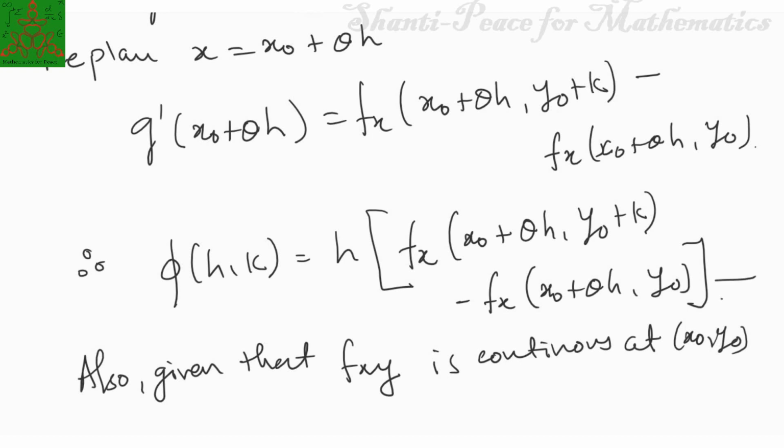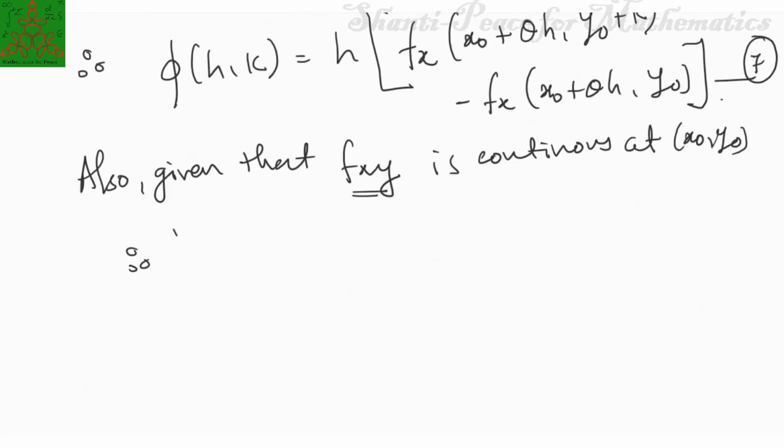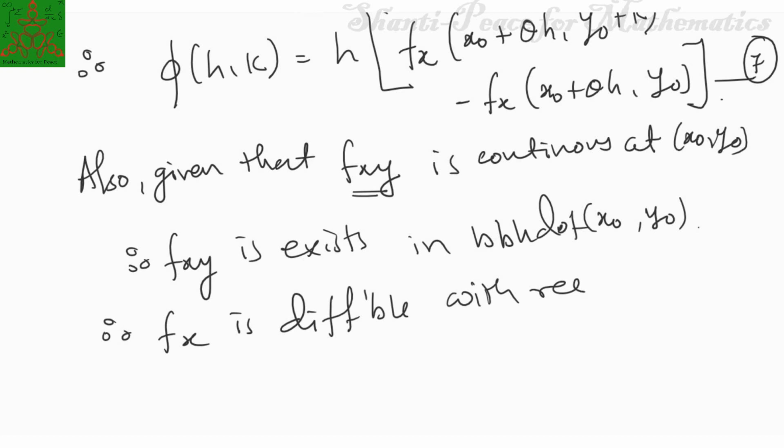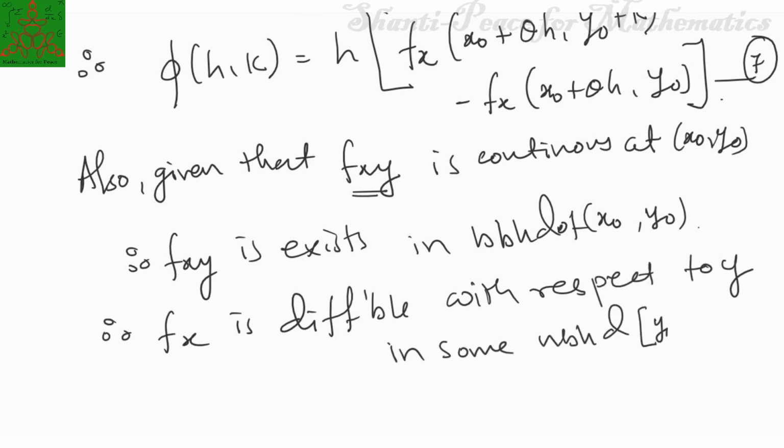So therefore we can say fxy exists in the neighborhood of (x0, y0). Therefore fx is differentiable with respect to y in some neighborhood, from y0 to y0 + k. Here this is nothing but fx and its derivative with respect to y, so we can say that fx is partially differentiable, that is, differentiable with respect to y.